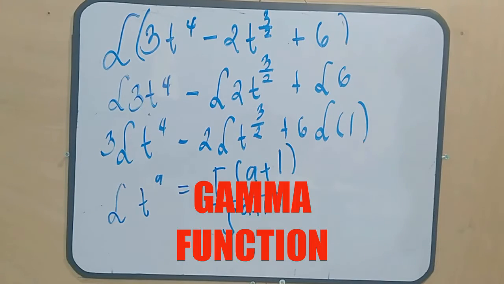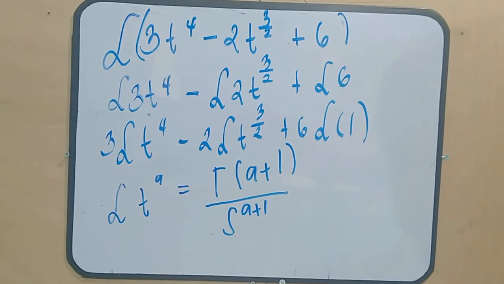Ang gamma function, guys, is another topic. So, for the purpose of this topic, i-incorporate lang natin guys yung mga basic concept of gamma function, since it's actually another topic of interest. So ito guys, as far as Laplace transform is concerned, these are the properties that we should understand.